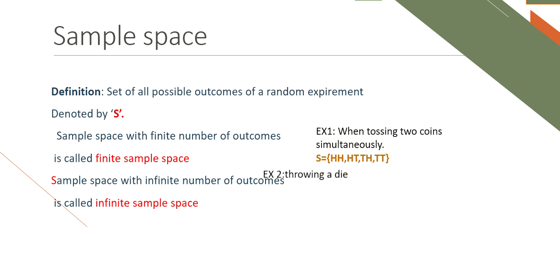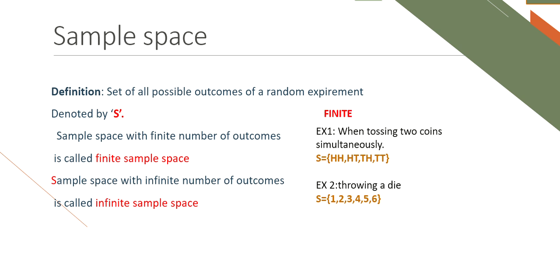Next comes another example, throwing a die. How do you write the sample space for that? S is equal to, die means the dice that you play. One die contains 6 sides, numbered 1, 2, 3, 4, 5, 6. So all together I have put them. This is another example of a sample space. First you need to understand what a sample space is: all possible outcomes, a universal set.